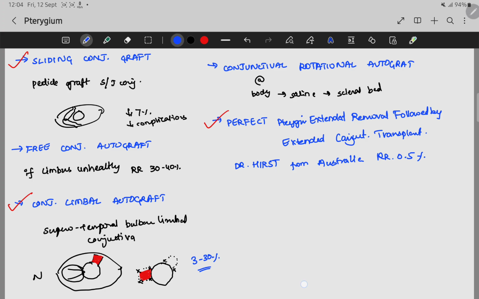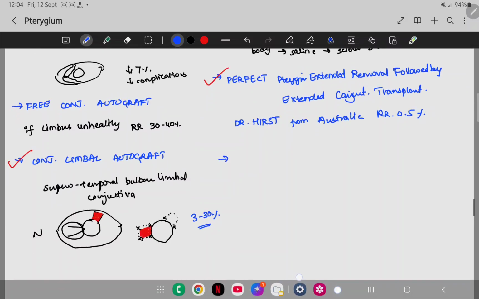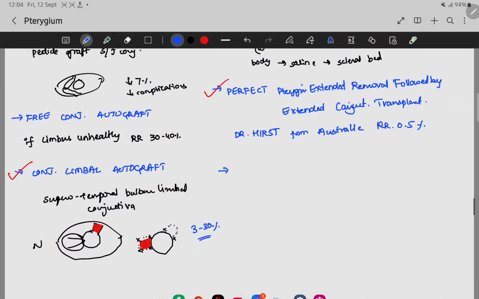Then we have cultivated conjunctival grafts. These also have a higher recurrence rate.